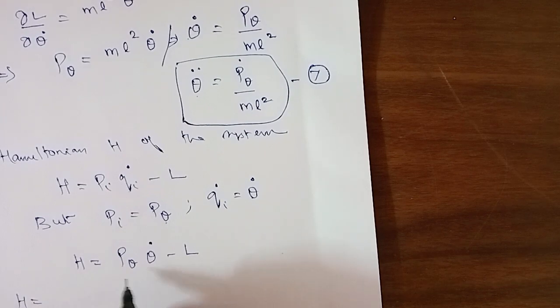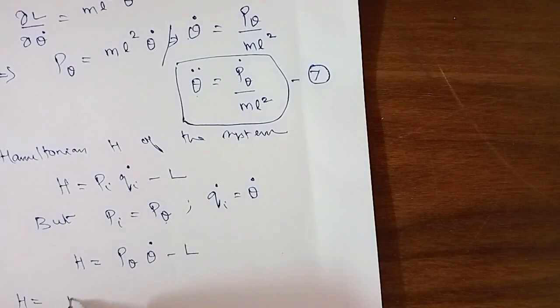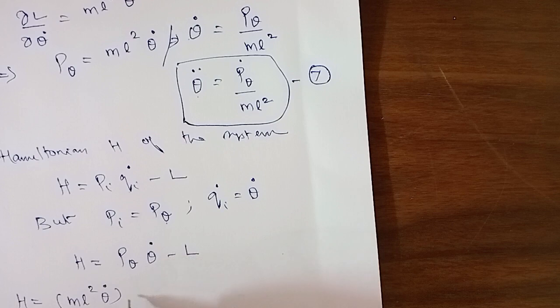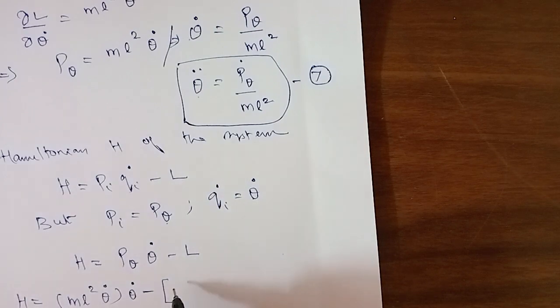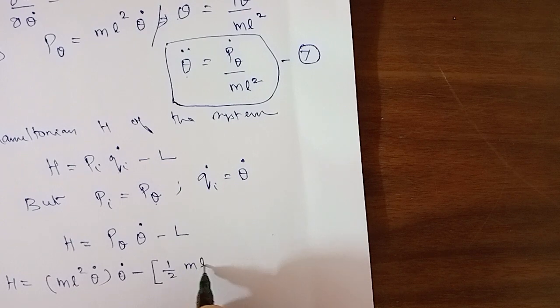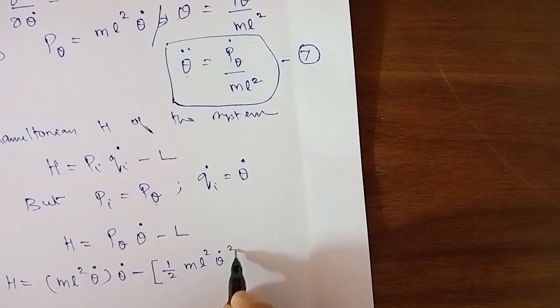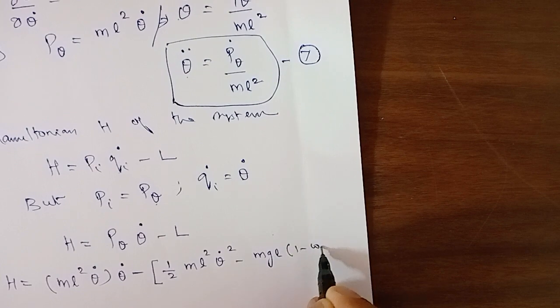H is equal to, I know the P theta value. What is the P theta value? P theta is nothing but ml square theta dot. Therefore ml square theta dot into theta dot, minus, instead of L you substitute the value from equation number 5, which is half ml square theta dot square minus mgl into 1 minus cos theta.